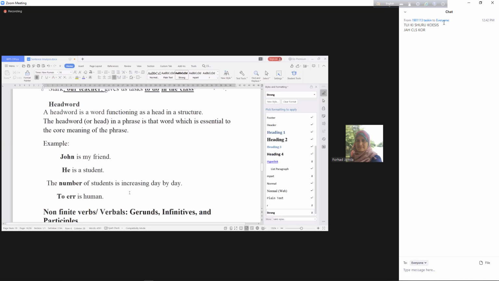Okay, so these are the examples of head word. Now I think you know what we mean by head word. In a sentence there must be a head word.